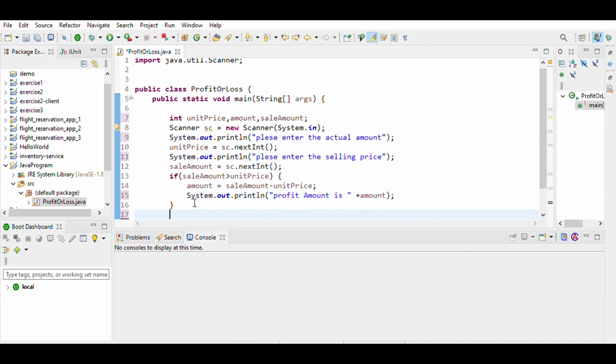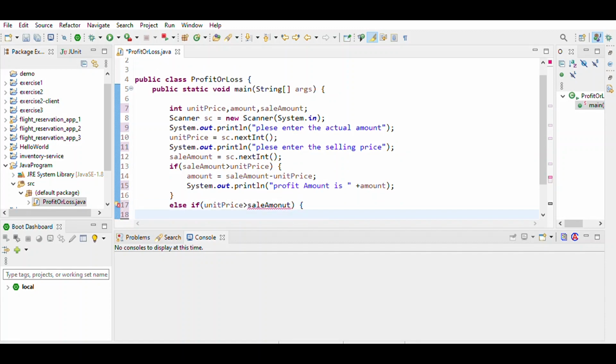And then else if statement. Else if unit price is greater than sale amount, then that is loss.